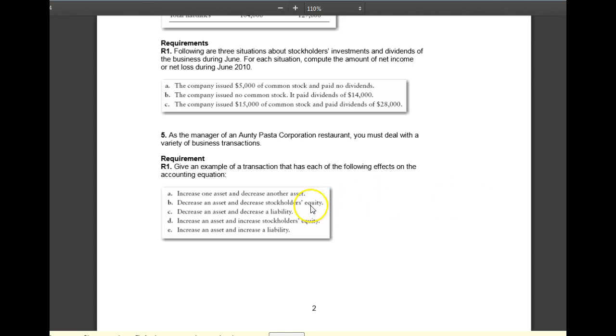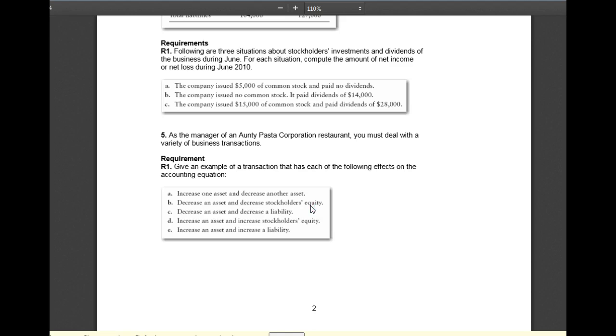How about a decrease of an asset and a decrease in owner's equity? So what are the 4 things that decrease owner's equity? Well, think about that. We just talked about that. The 4 things that decrease it are withdrawals by the owners or dividends, or a loss.